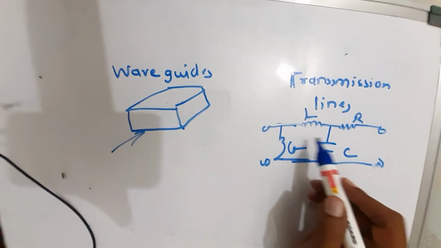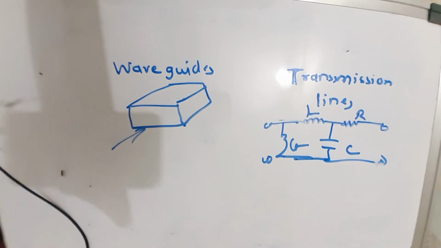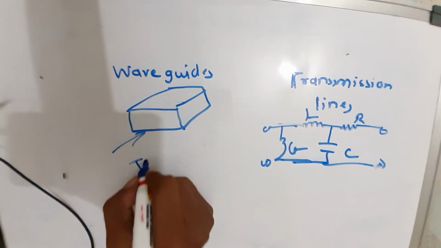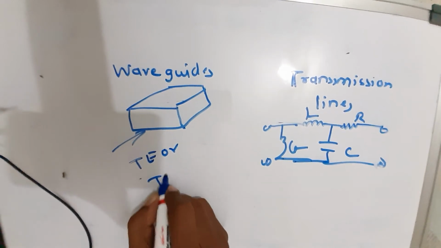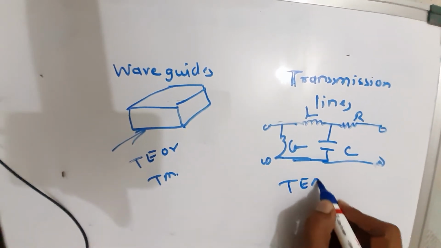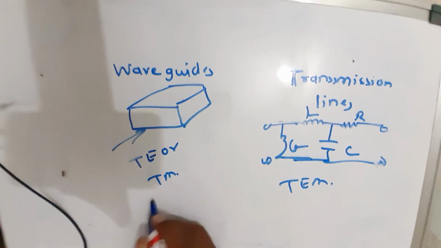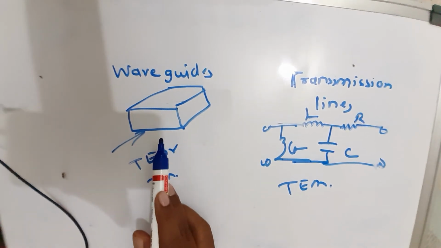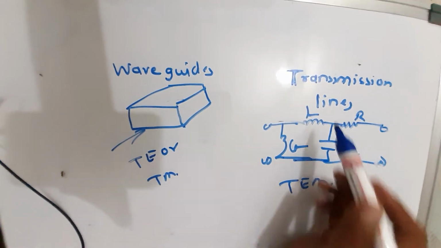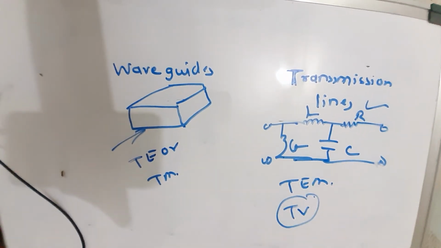This is a conducting wire where the signal is transmitted. Waveguide is operated in TE or TM modes, while a transmission line is operated in TEM mode or quasi-TEM mode. Waveguides are used in radar, satellites, microwave signals. Transmission line is basically used for TV signal transmission.